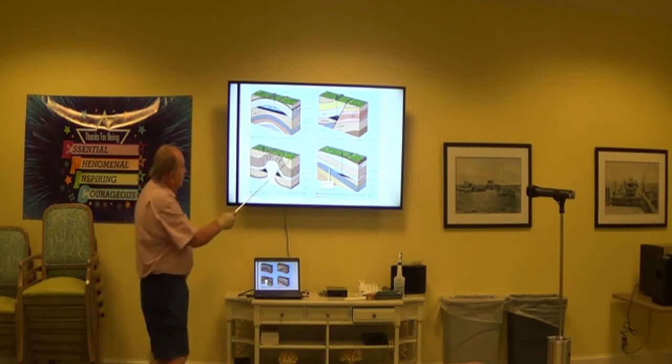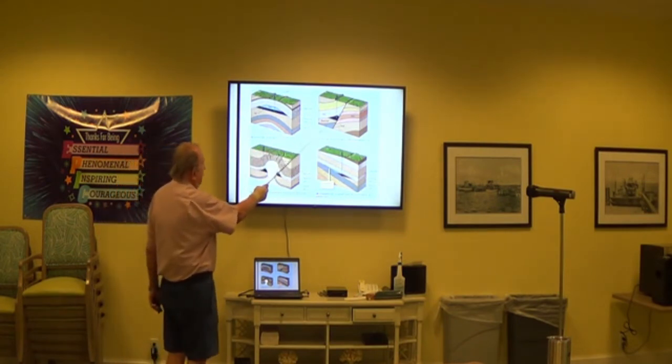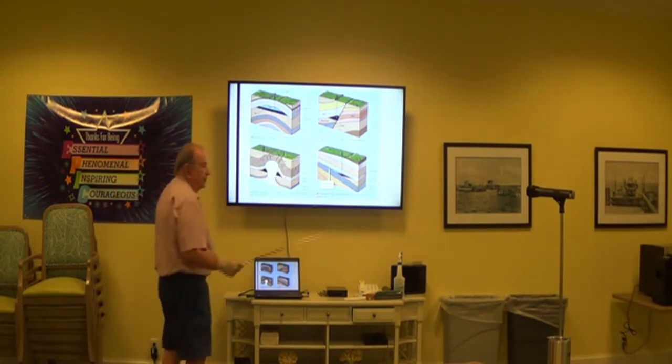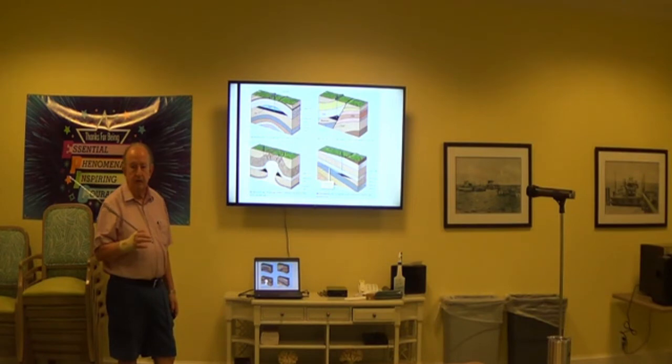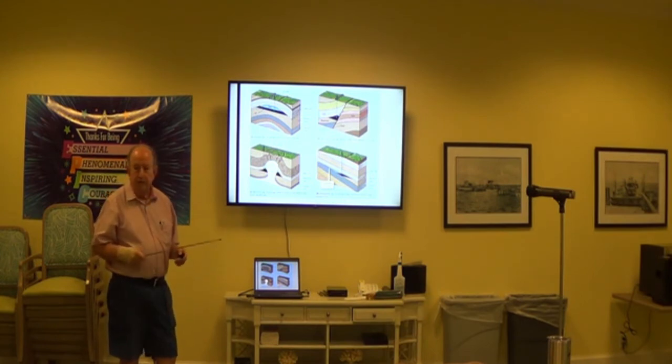There are two other types of traps. One is a faulted trap. Faults are breaks in the rock along which movement occurs. Earthquakes usually occur along faults. In California, most of the faults are what they call strike-slip faults. They move laterally to each other on the surface.